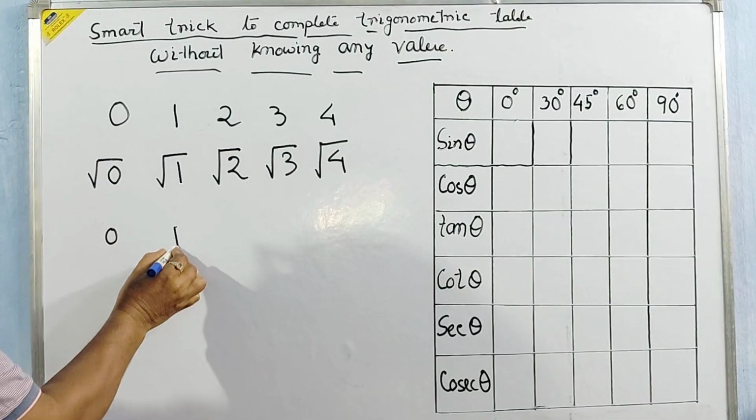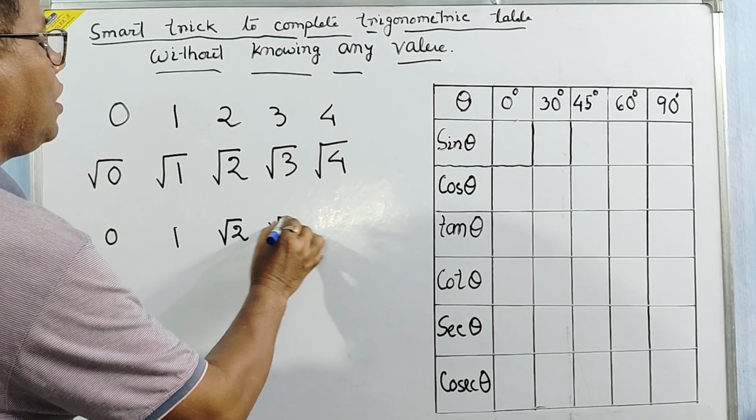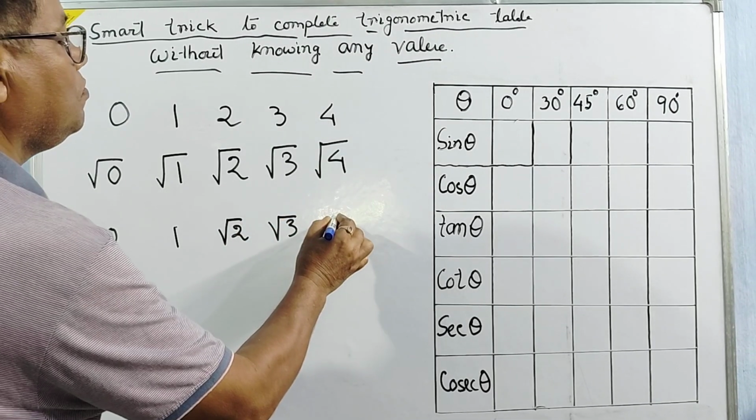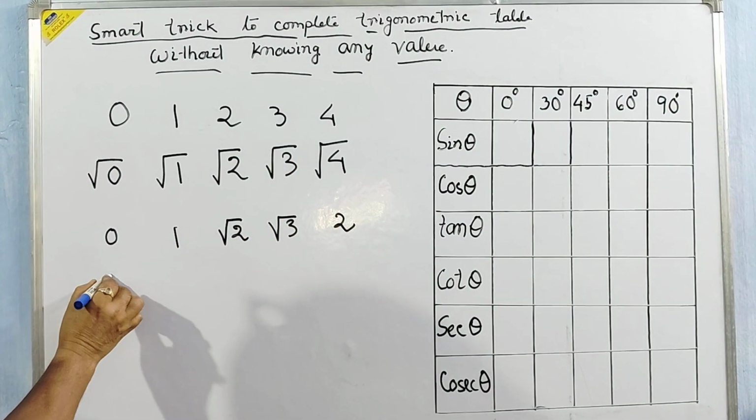Square root of 1 is 1, square root of 2 we write root 2, and square root of 3 we write root 3, and square root of 4 is 2. Now we divide each by 2.